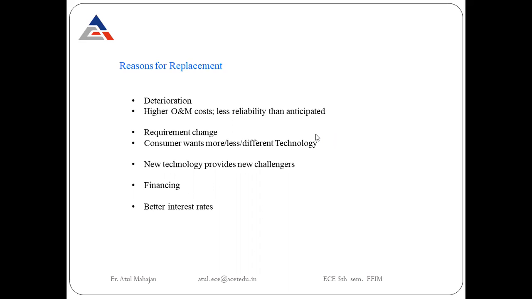Then the consumer wants different technology. So sometimes the industry point of view is also very important over here. Sometimes as an industrialist, as an owner of a company, I am manufacturing certain articles. So my consumer is not in demand of the things which I am producing right now.